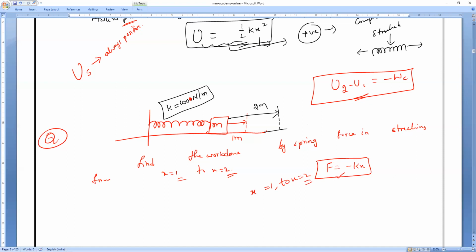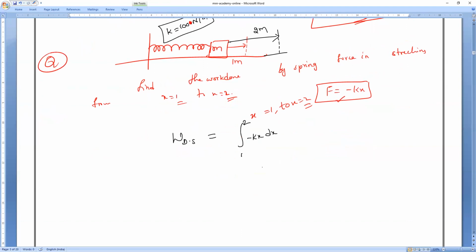Since there is a limit, the work done by spring force is equal to the integration with limits 1 to 2 of minus kx dx. Am I right, guys?